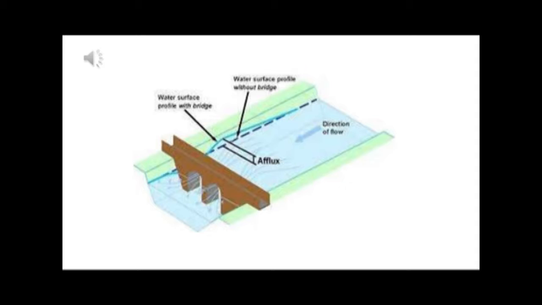When we provide the bridge structure in the drainage basin or river, there is a certain rise in water level, and that rise is referred to as afflux. This afflux is seen maximum at the cross section of the river where the bridge structure is, and it gradually decreases some distance ahead and beyond the bridge structure.